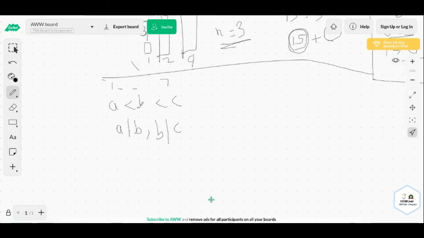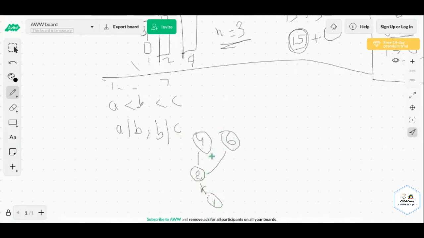In such cases, Hasse diagrams are quite helpful. Let's say we create this. 1 divides 2. This edge going upward means that a divides b. So 1 divides 2, 2 divides 4, and 2 divides 6 also.